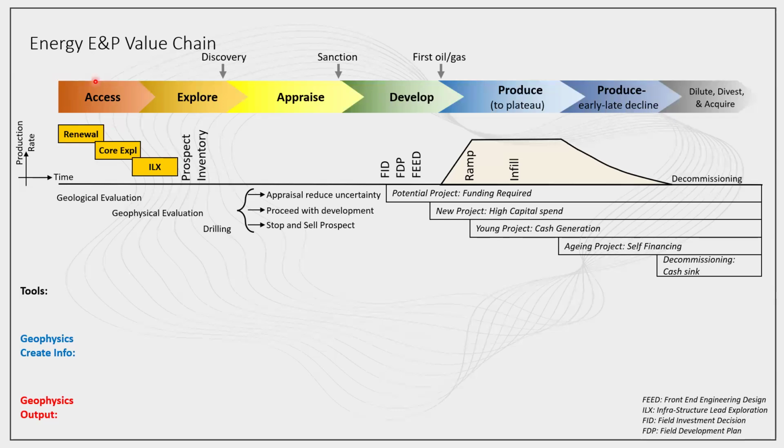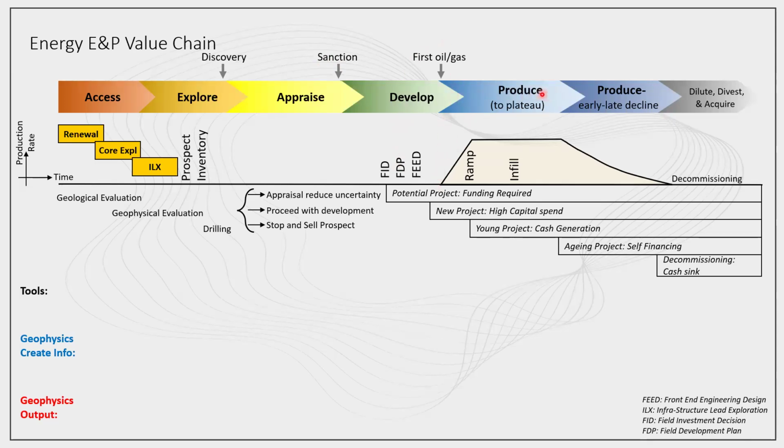If we have the right area, we start to explore it. Exploring means we are looking for the right play, discover it, appraise that opportunity, and then go to develop. Development means we look at whether it is the right opportunity to develop or not. Then we start our production.